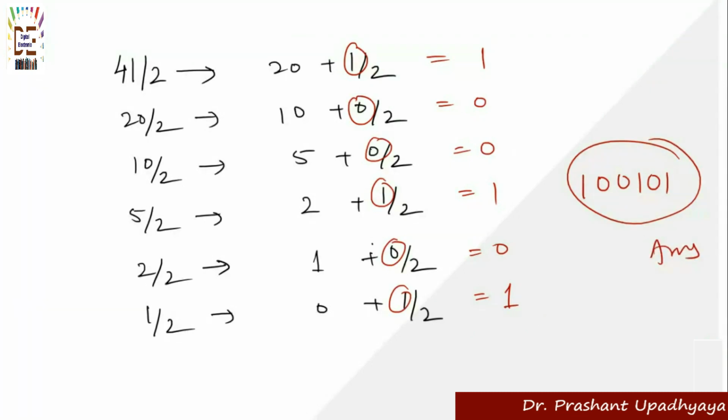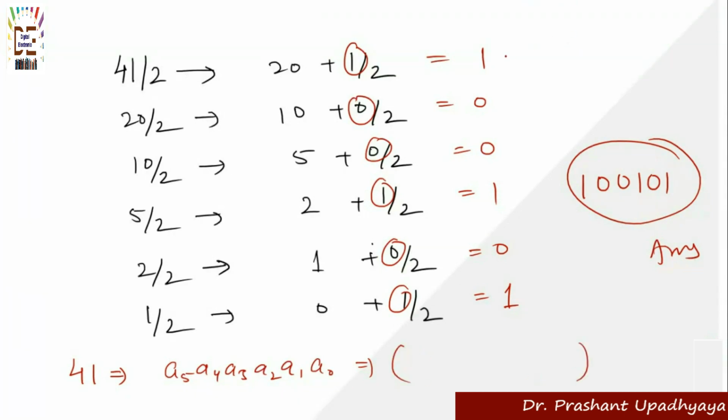So now what we are trying to do is write 41 as a raised to power 5, a raised to power 4, a raised to power 3, a raised to power 2, a raised to power 1, and a raised to power 0. This was the series we have seen. So how will we write it?